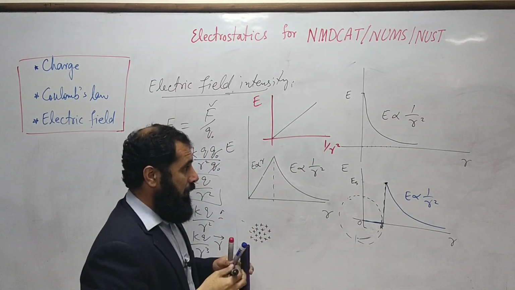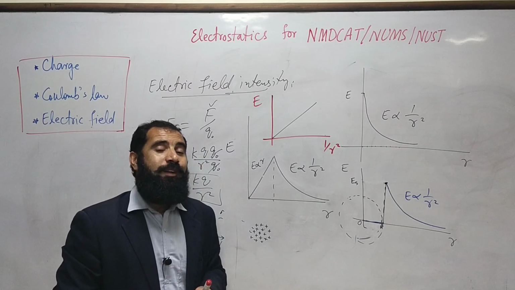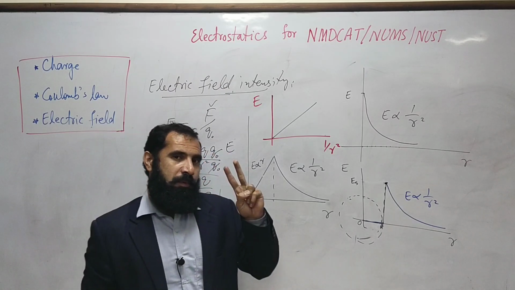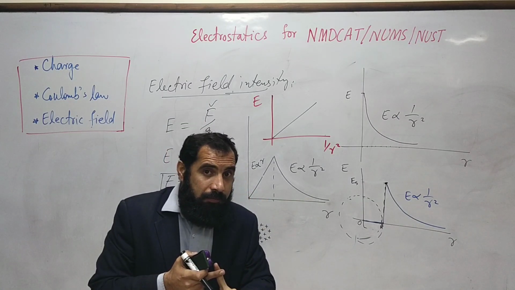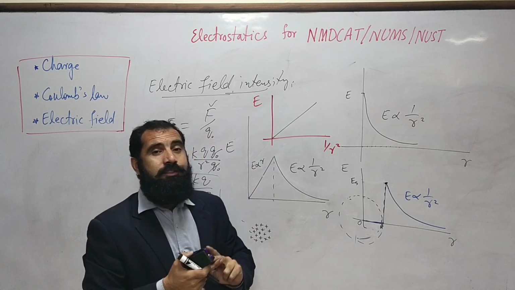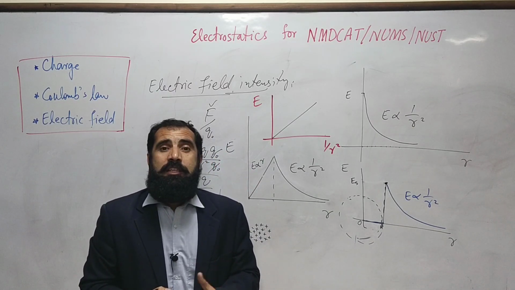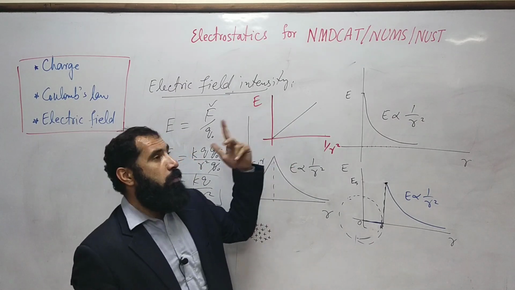And one other thing about the graph, you should have knowledge. You should have knowledge of two things about any graph. One is the slope of the graph, and the other is the area under the graph. You may be asked in the exams what physical quantity is represented by the slope of the graph.